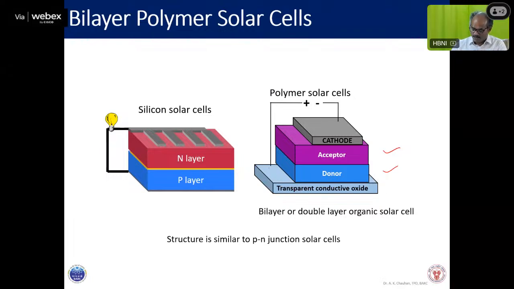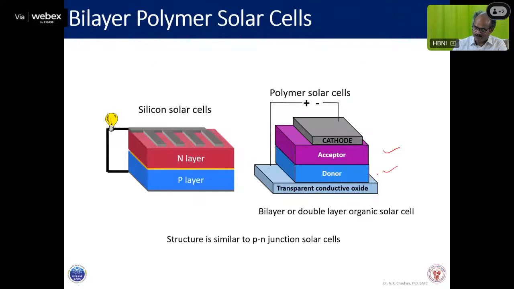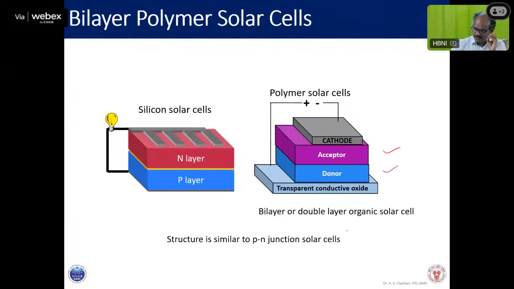The structure was similar to a p-n junction solar cell, and this device is called a bilayer device because it has two layers. Now let us see what the problem was in this and how it performs. The first thing is that the typical diffusion length is only about 20 nanometers.